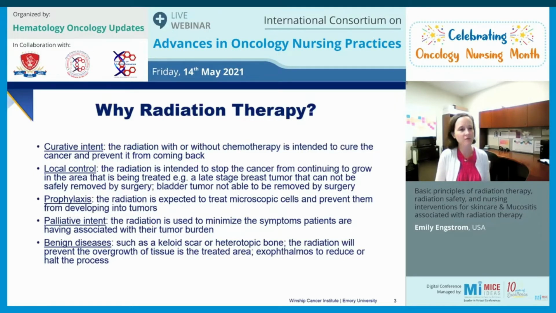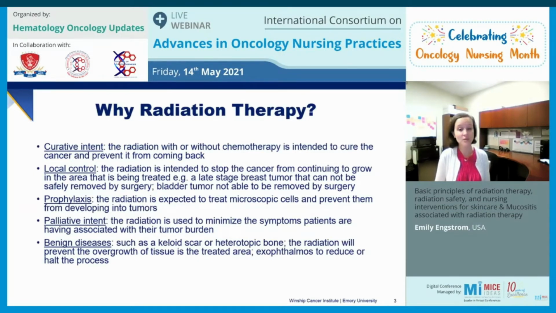So they may have significant pain and not want to be on high doses of opiate narcotics. So we can treat those areas with radiation and provide some pain relief. Also, if they have a large tumor, such as compressing the superior vena cava and causing symptoms, we can treat that as well, and provide some relief there.